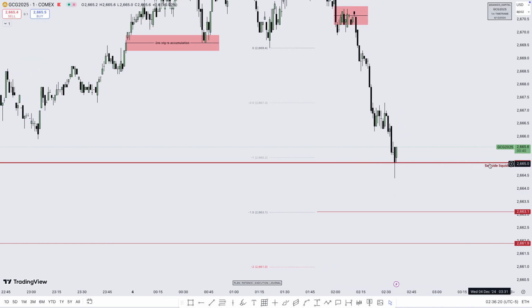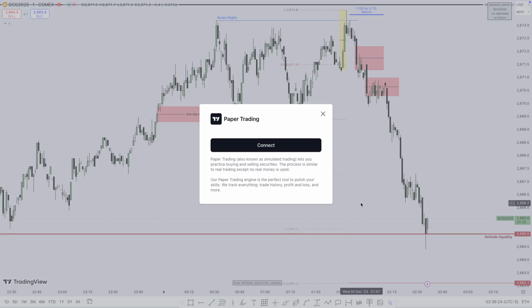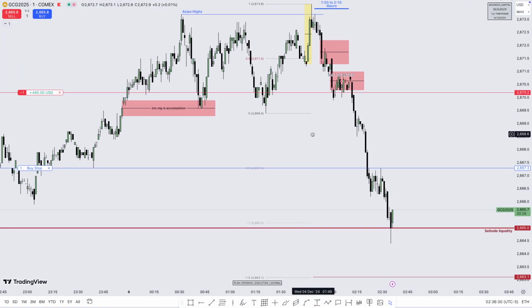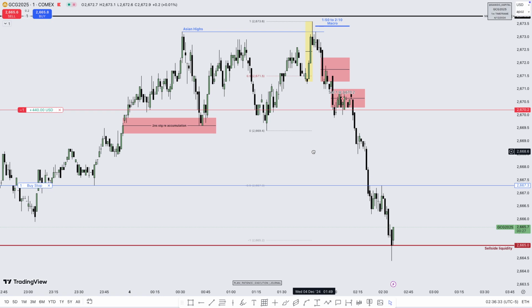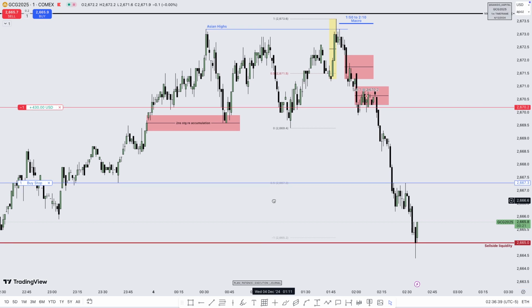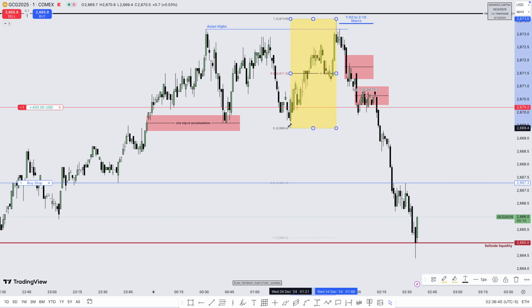It failed to close below sell side liquidity down there. Come on. Okay, I don't like that.